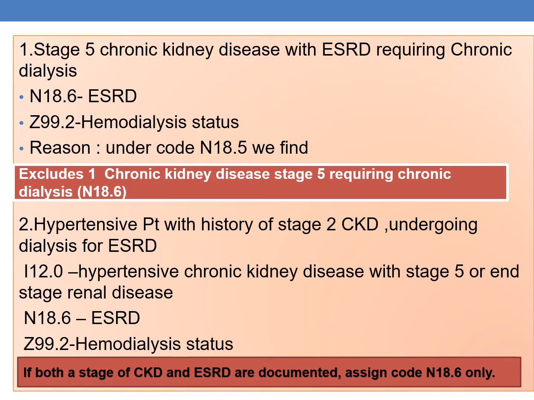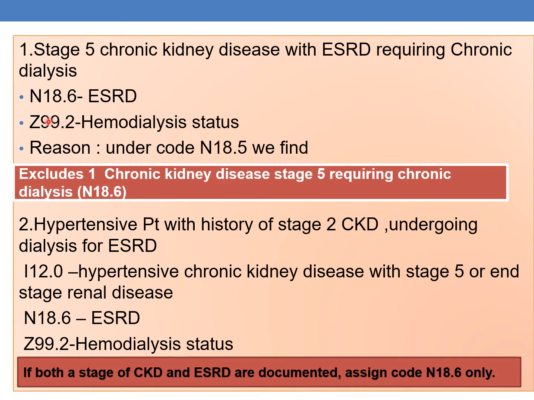First example is stage 5 chronic kidney disease with end stage renal disease requiring chronic dialysis. Here, the patient is a stage 5 chronic kidney disease patient with ESRD. So, ESRD and stage 5 both are given.